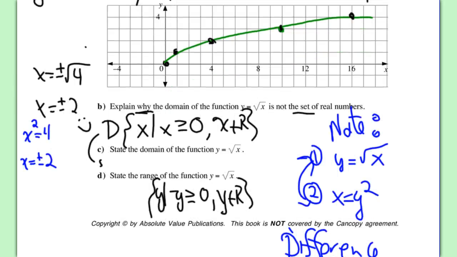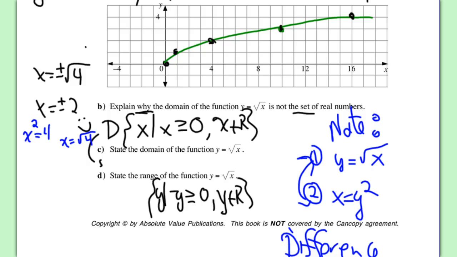The reason that you must answer plus or minus 2 is when somebody has asked you x squared equals 4, both plus and minus 2 work. However, if somebody says x equals the square root of 4, that particular question only has one answer because they were only asking for the principal square root.